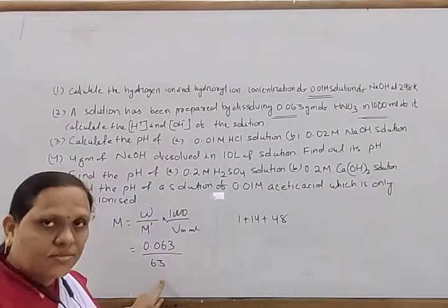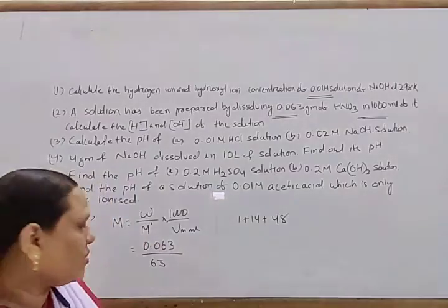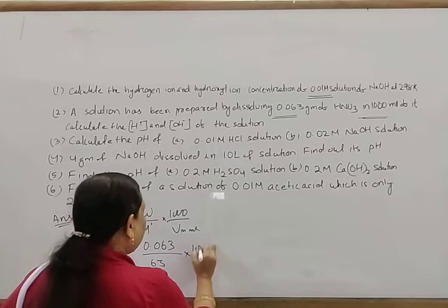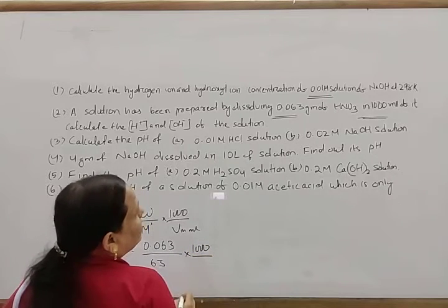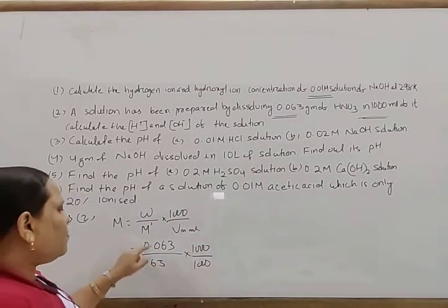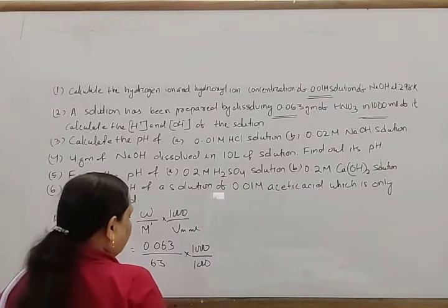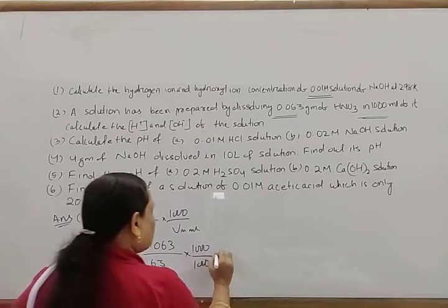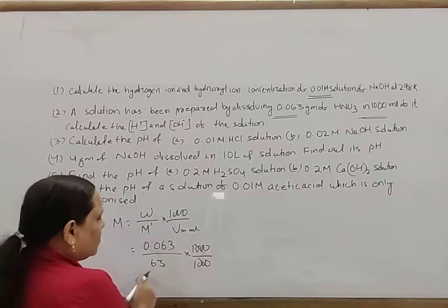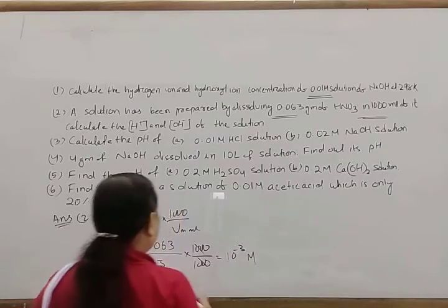So this is 63 into 1000 divided by 1000. The 1000 cancels, and 0.063 by 63 is 10 to the power minus 3 M.